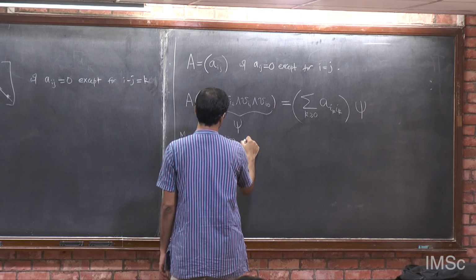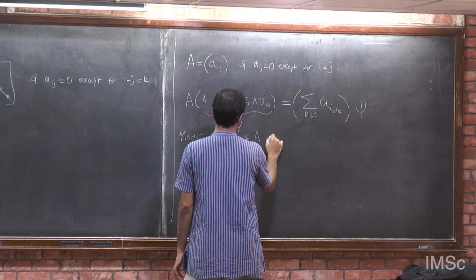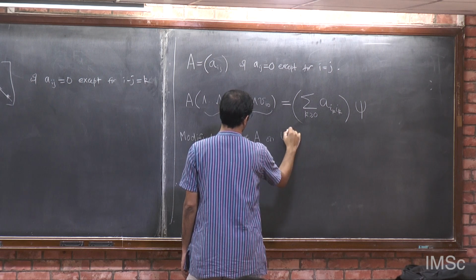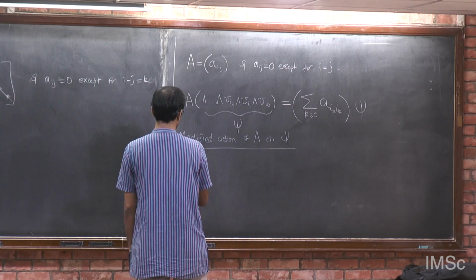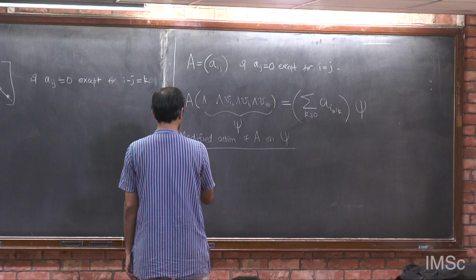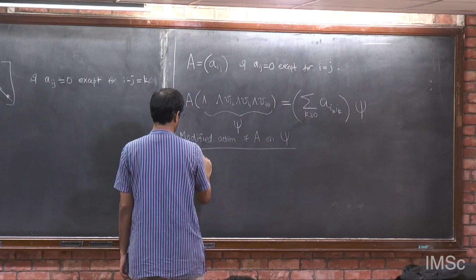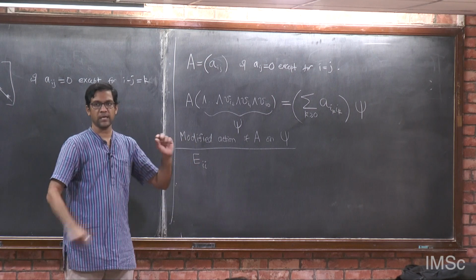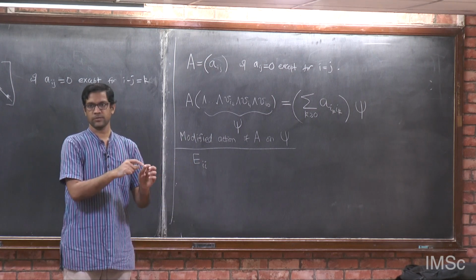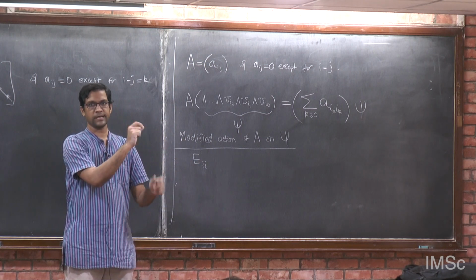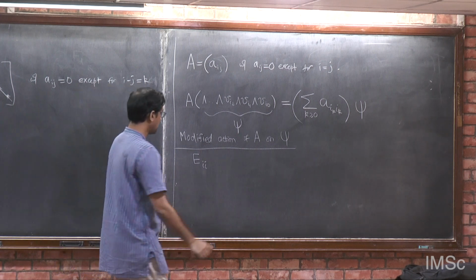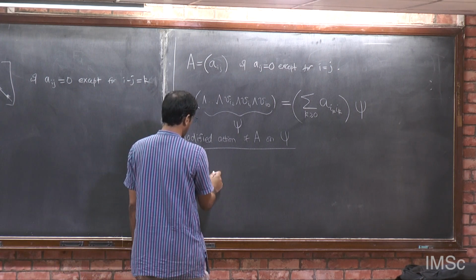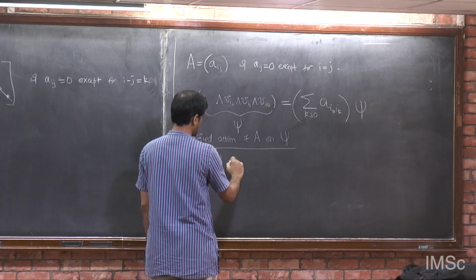A modified action of A on psi or on F, whatever, is defined as follows. It's determined by the following thing. Let me tell you how the E_ii acts. Okay, just the diagonal matrix with a 1 in the ith place. So we'll say the following. E_ii acts on psi as follows.